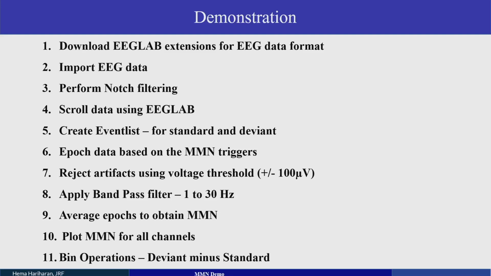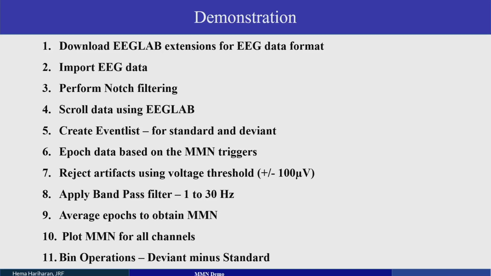Then we import the EEG data, do the notch filtering, and check which trigger refers to the standard and which refers to the deviant. We have to check that before doing any analysis. Then we create the event list for the standard and deviant separately, do the artifact rejection, all the band-pass filters and everything, and finally we epoch the MMN.